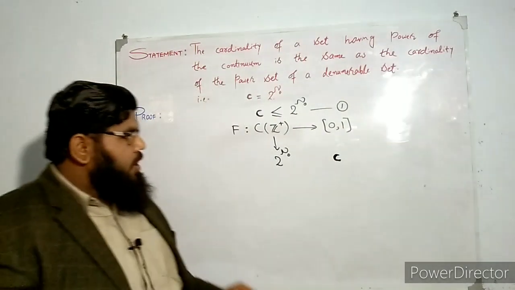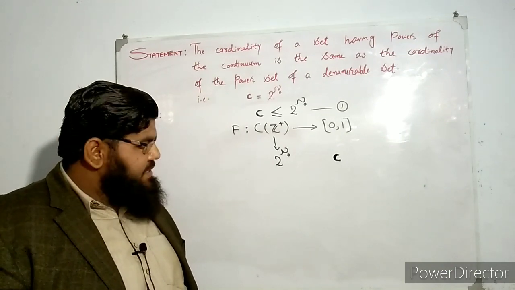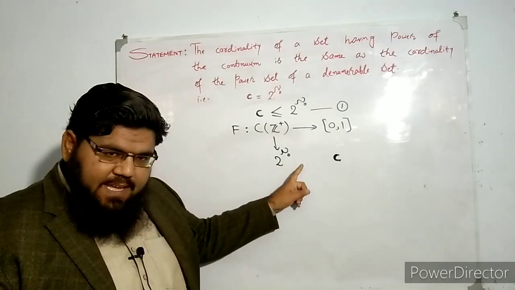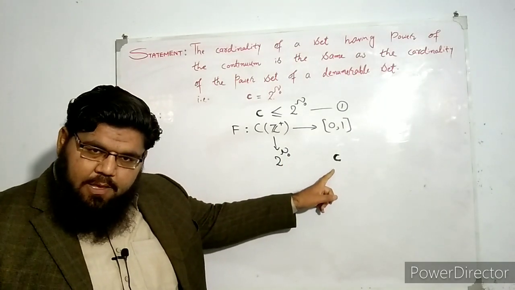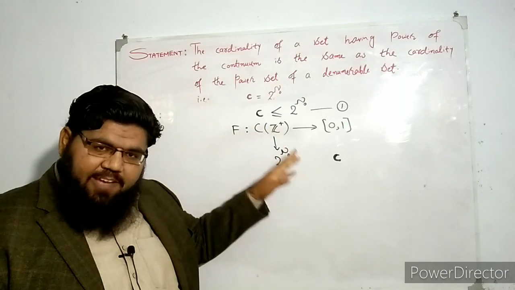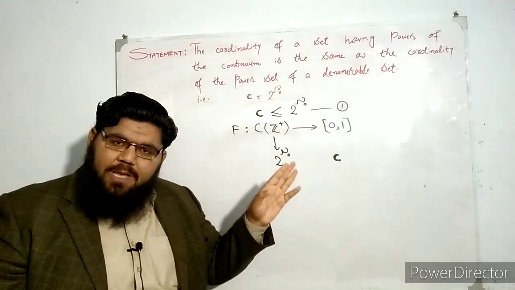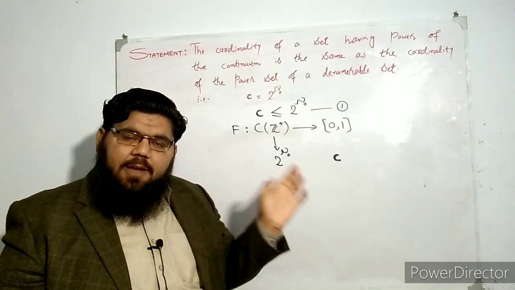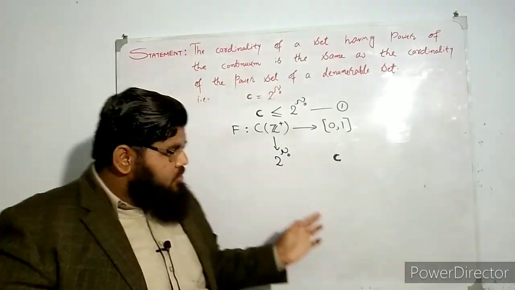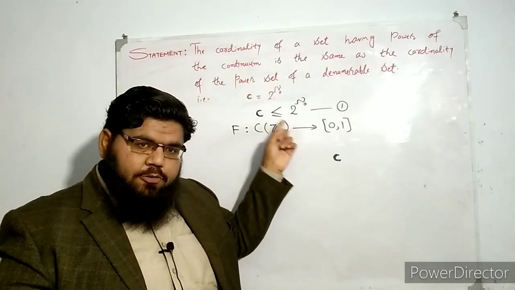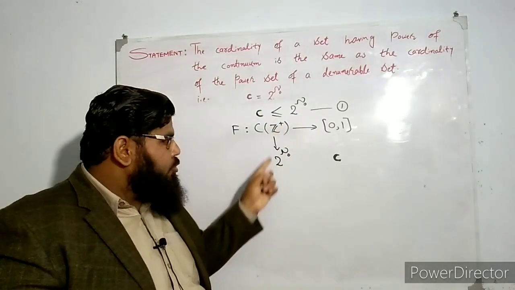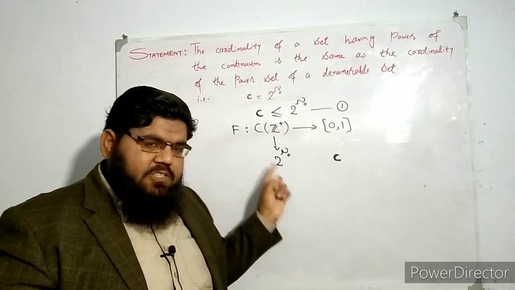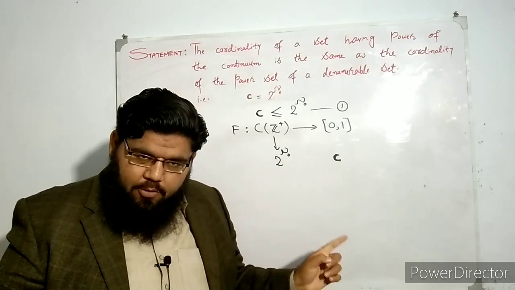So what we need to prove here is that 2 to the power alpha naught is less than or equal to C, and then we will use the fact that if A is less than or equal to B and B is less than or equal to A, then A and B are equal. So if C is less than or equal to 2 to the power alpha naught, and 2 to the power alpha naught is less than or equal to C, this finally means that these two are equal.